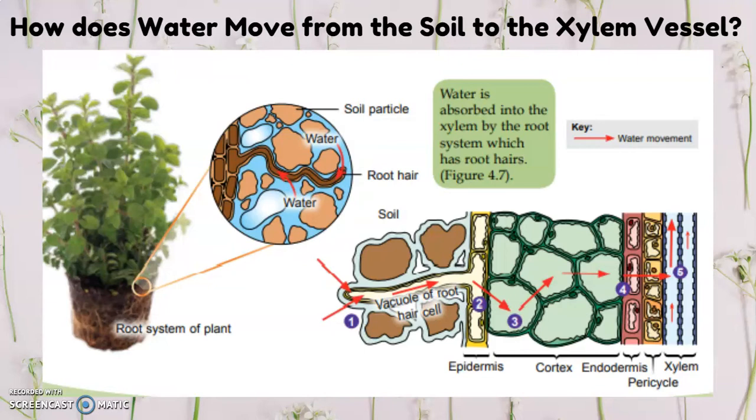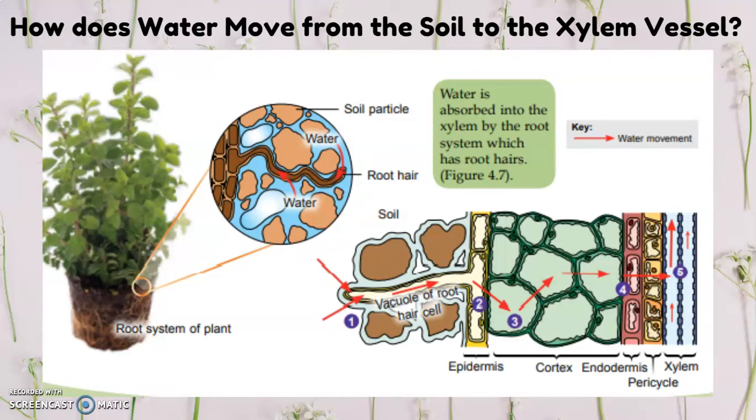So I repeat. What happened there? The root hair cells are hypertonic to the soil. Why? Because mineral ions in the soil are actively pumped into the root hair cells by active transport.